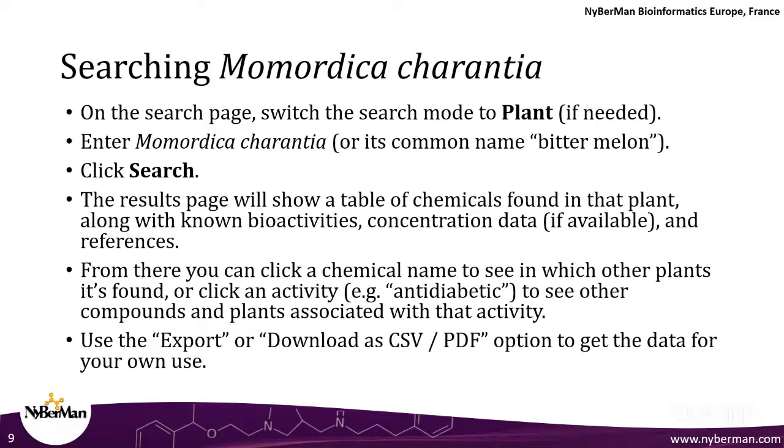If you're interested in one particular compound from any one plant, you can check whether it is available in all the plants. And you can also export the data in the form of a CSV file or a PDF file. You can download the data in the particular format.